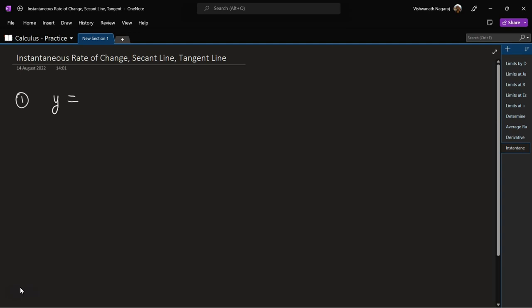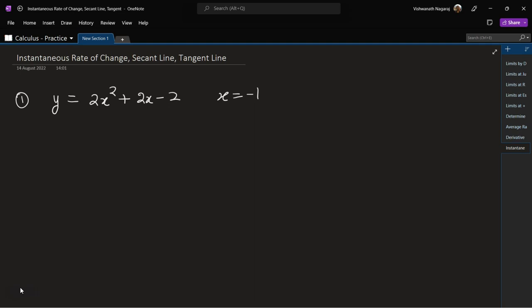y is equal to 2x squared plus 2x minus 2, and we have to figure out the instantaneous rate of change at x equal to minus 1.